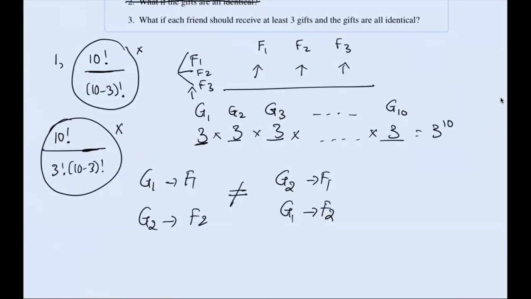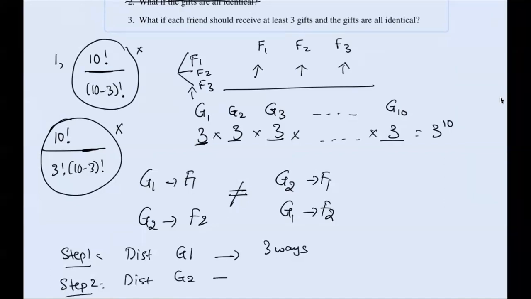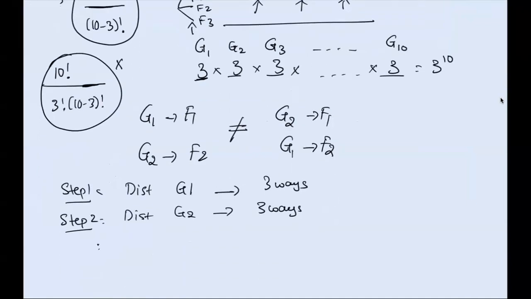If you think about the process of distributing the gifts, okay, step one, I distribute gift one, and I have 3 ways to distribute this. Step two, I distribute gift two. I have 3 ways to distribute it. Up until step 10, I distribute gift 10.